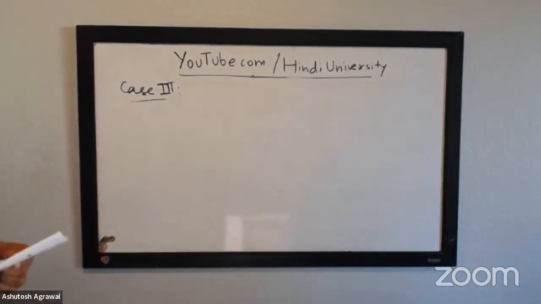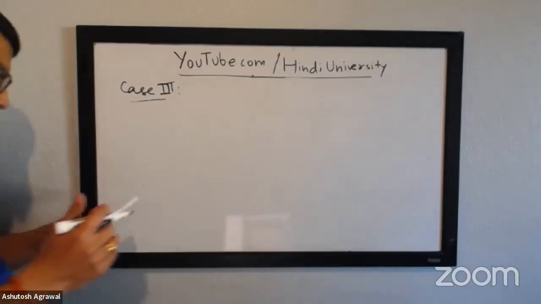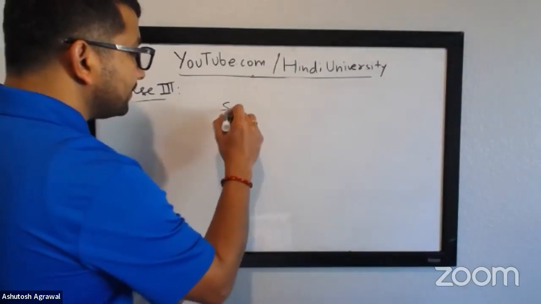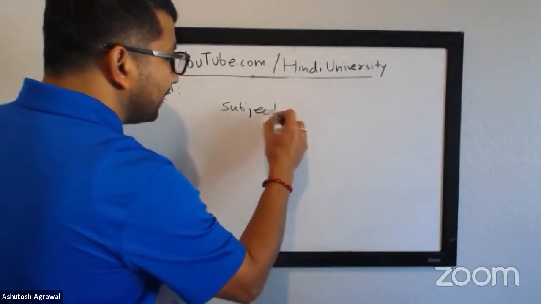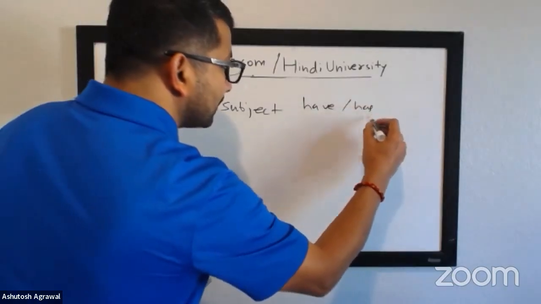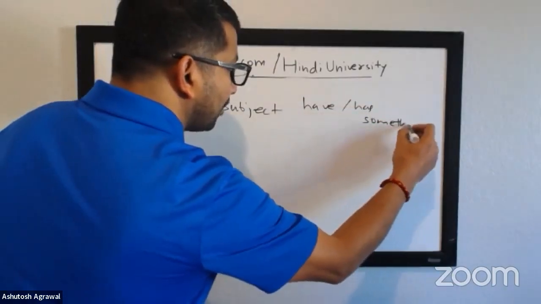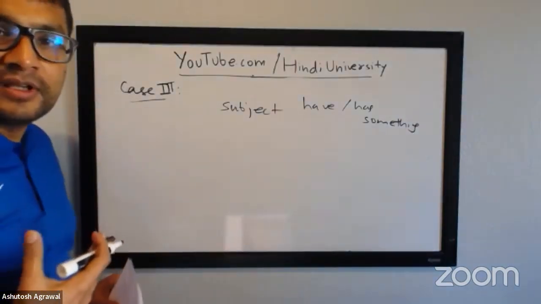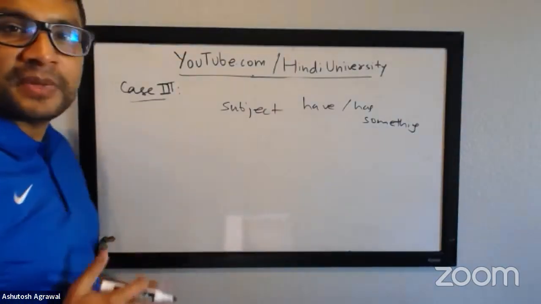Okay, use case number 3, where the subject has got something. Okay, you have a subject and they have something. Subject have or has something. Not in terms of possession of something, because then you will say मेरे पास table है, मेरे पास pen है.